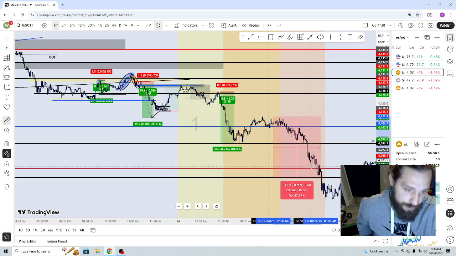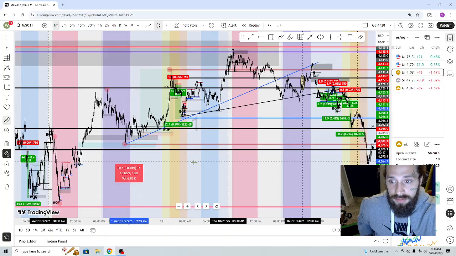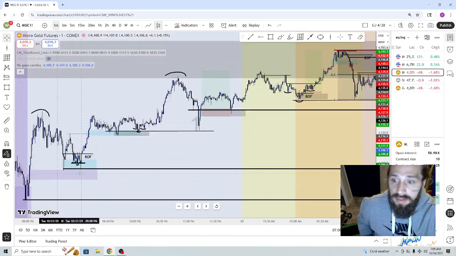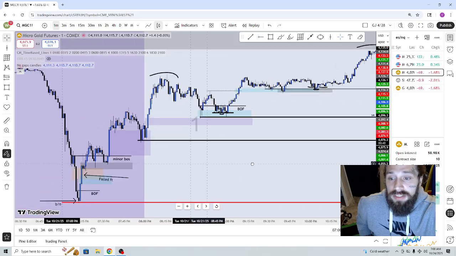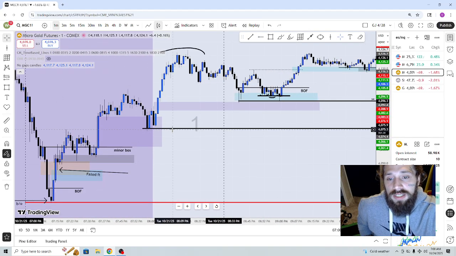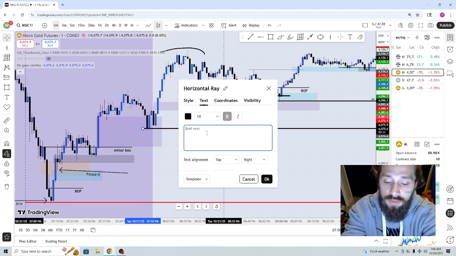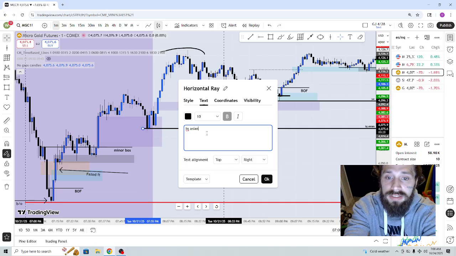Again, this black line has some significance. I don't know exactly what. I can jump over here, and again, we see another Asia interaction. This line specifically is a draw of liquidity. It is inside of Asian session.